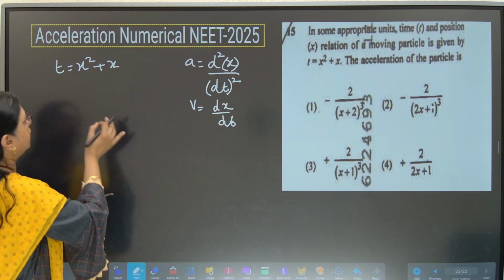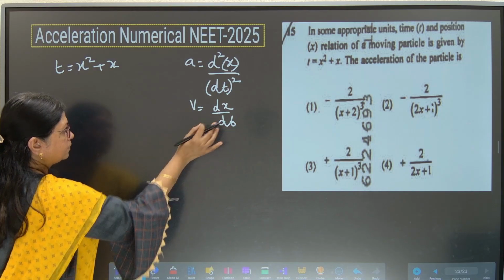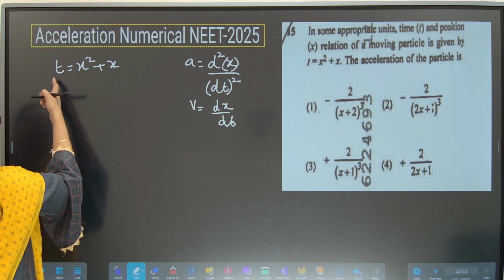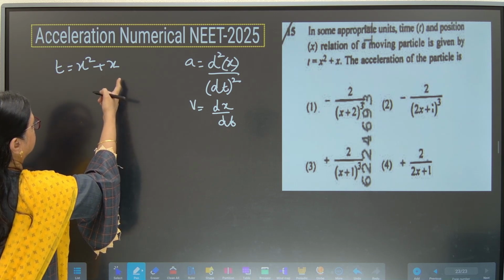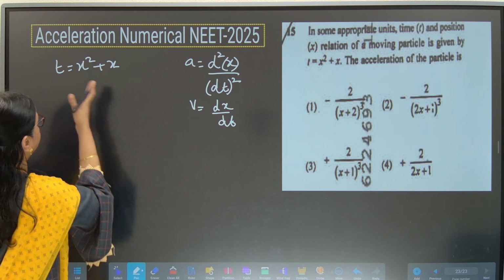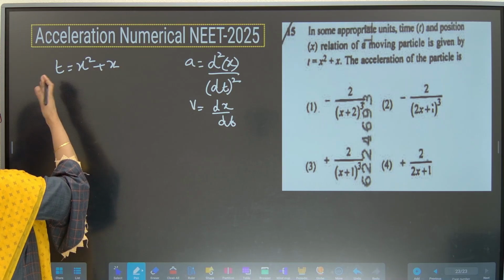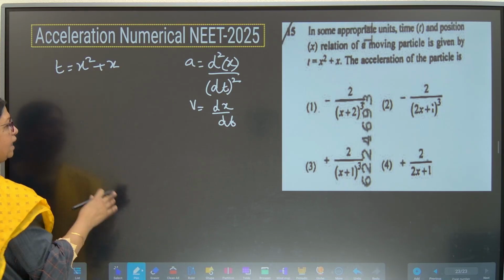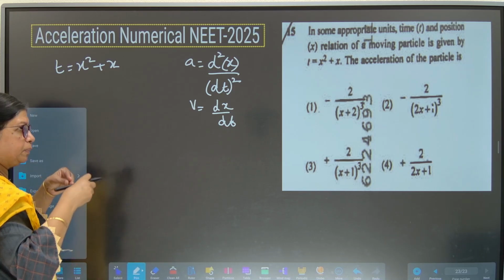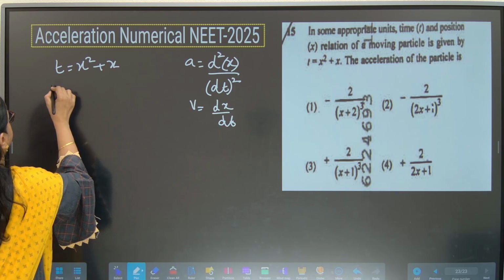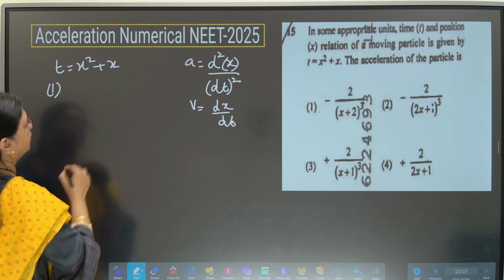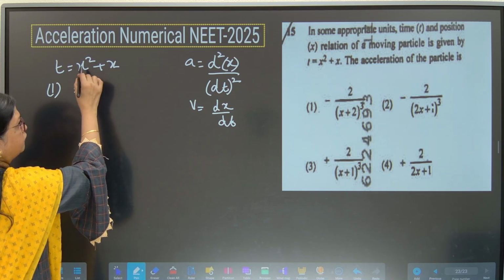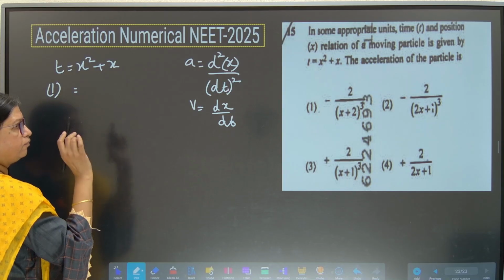Connect it to the numerical now. Let us find out dx by dt from the given equation. One side having x terms, one side having t terms. Let us differentiate t with respect to time. If I differentiate the same variable with respect to the same variable, my answer is 1, which is equal to the differentiation of x square with respect to time.